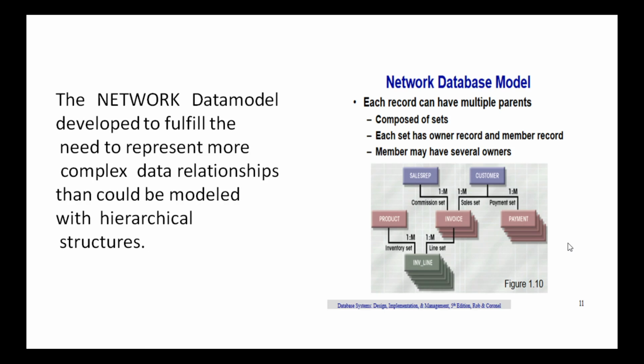In the network data model, the user perceives the network database as a collection of records in one to many relationships. Unlike the hierarchical data model, the network data model allows a record to have more than one parent. That means it allows a multi-parent feature.